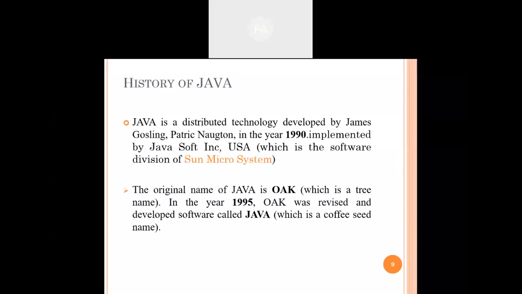And the language was developed in the year 1990, implemented by Java Soft Inc. This is the company where the Java language was developed, in the USA, the software division of Sun Microsystem. So it was developed in 1990 by the authors James Gosling and Patrick.